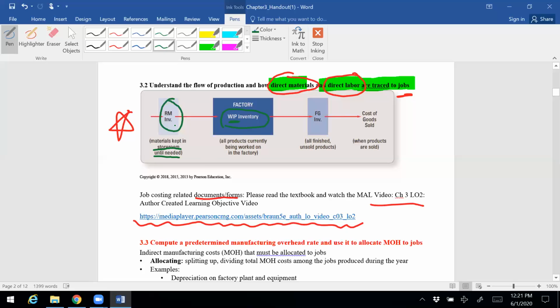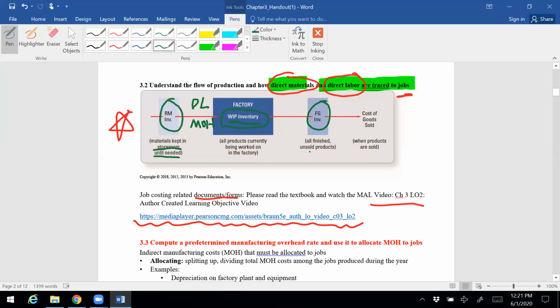So we start using the raw material. We also have our direct labor. We also add our manufacturing overhead. We have all those three things, and then we start having the work in process. And we work for many, many days, like 2 months. Finally, we finished our inventory.